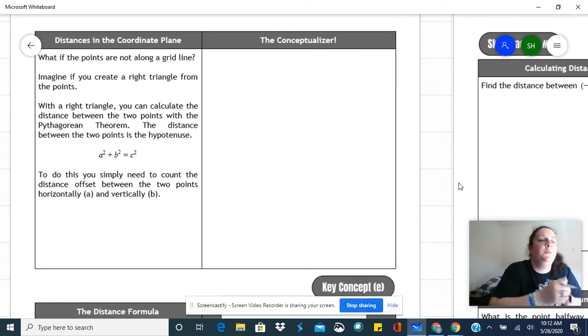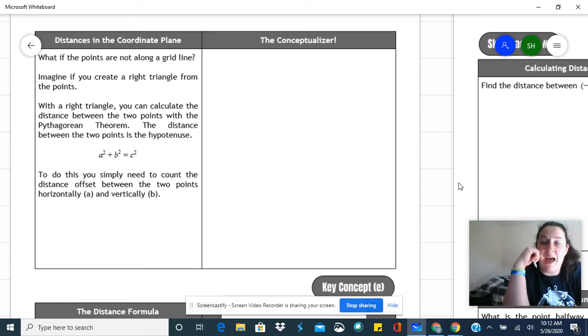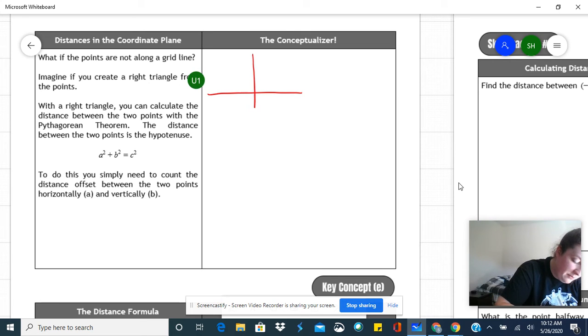Okay. So, you have two options here. You can find the distance in a coordinate plane by using the Pythagorean theorem, which means that if you have a plotted point, right?